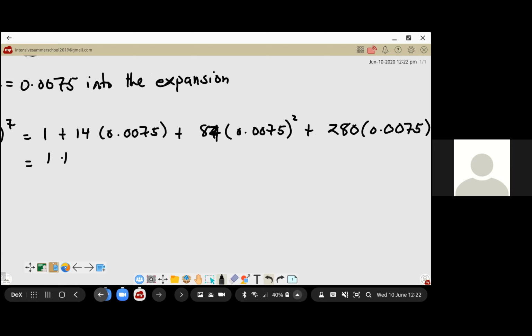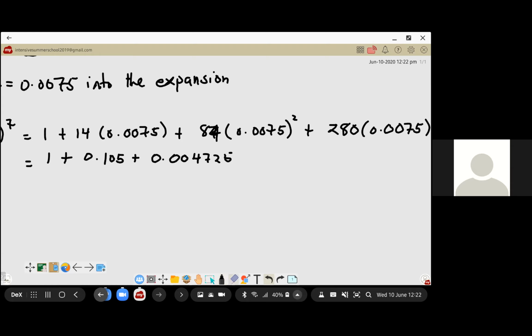So 14 times 0.0075 will give me 0.105. Good. And then 84 times 0.0075 squared will give me 0.004725.